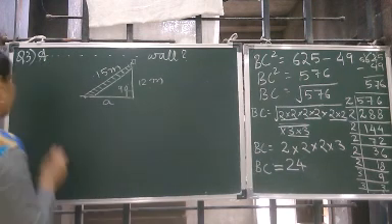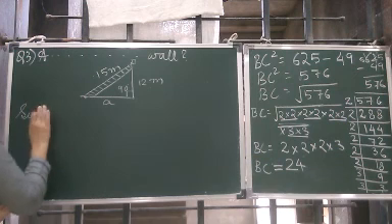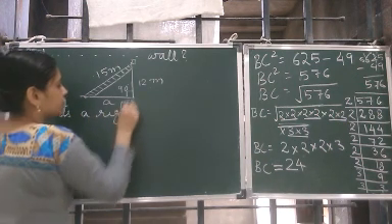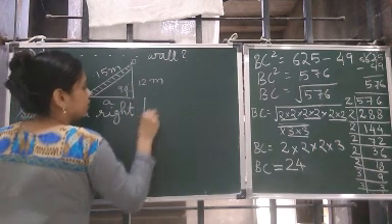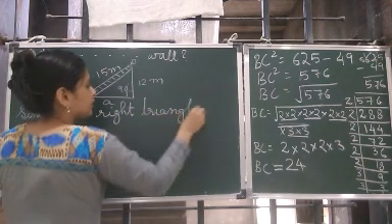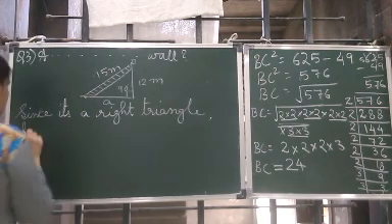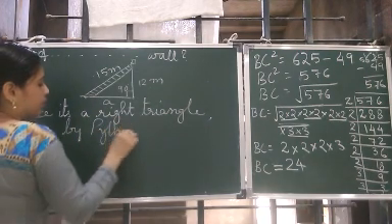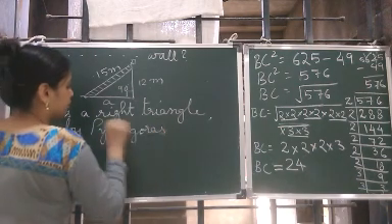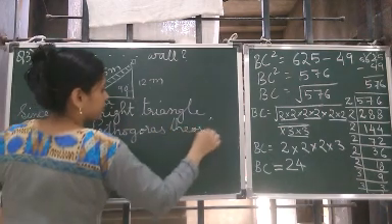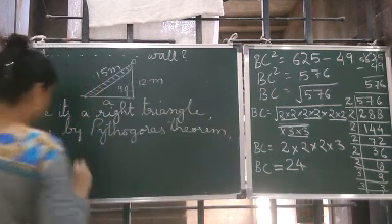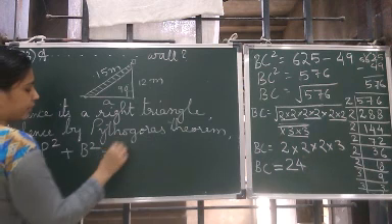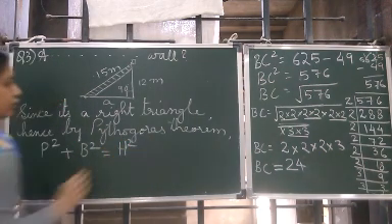Since it's a right triangle, hence by Pythagoras theorem, perpendicular square plus base square is equal to hypotenuse square.